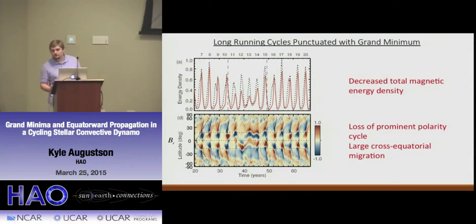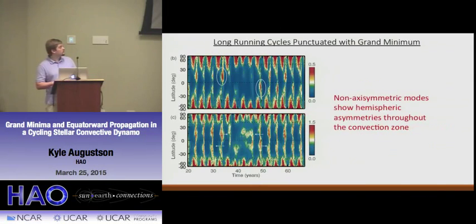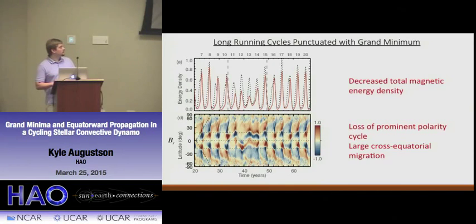Are you losing the phase? Only at low latitudes. The phase is still kept at the high latitudes. You see this strong modulation, so it keeps its cycle period. What it loses, in contrast to the sun, is that low latitude polarity cycle. So it could then be that this is something entirely different than the Maunder minimum. Yes.